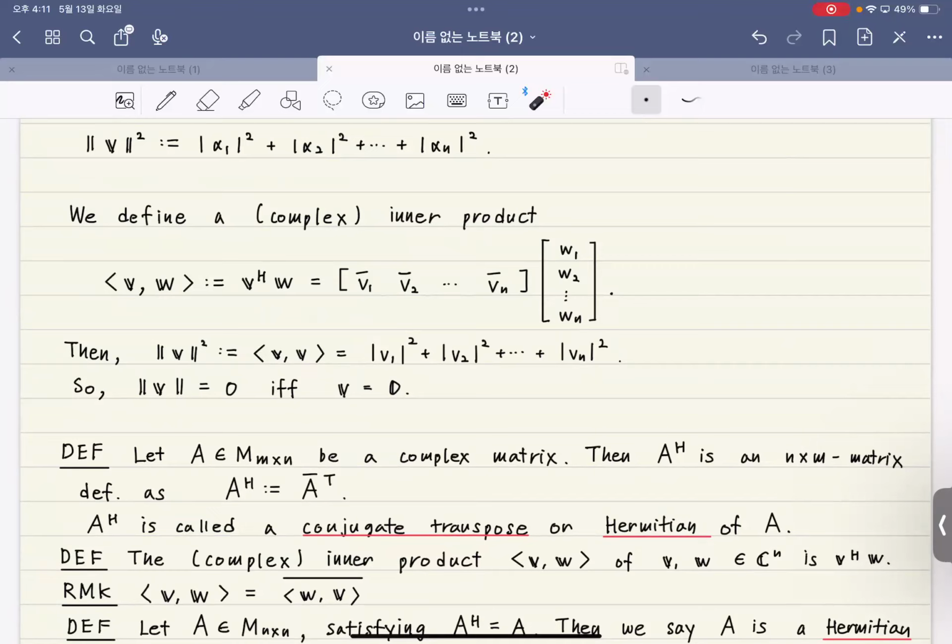Let A be an n by n complex matrix, then A to the H is an n by n matrix, where the rows and columns are switched, such that A^H is defined to be the complex conjugate and then the transpose. Easy, right? The definition is not horribly complicated.